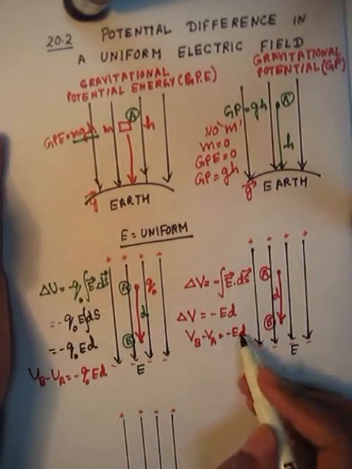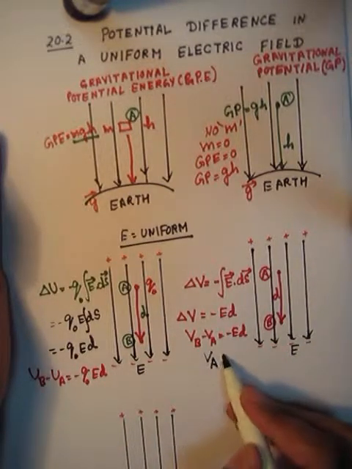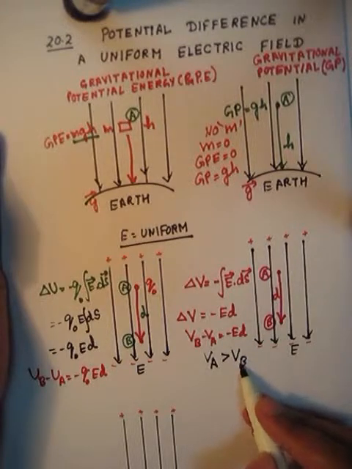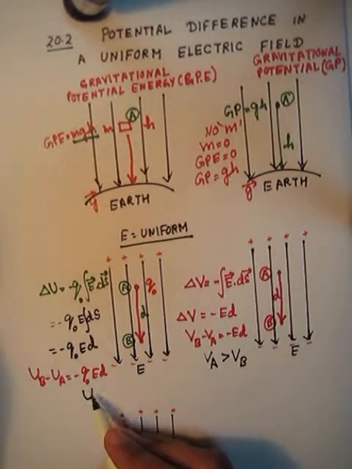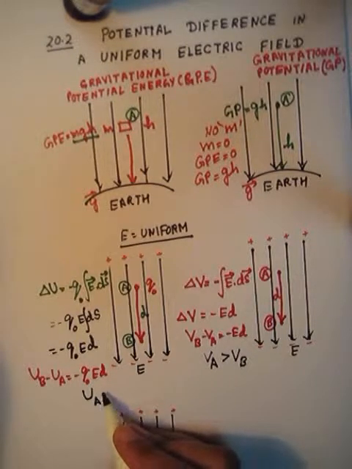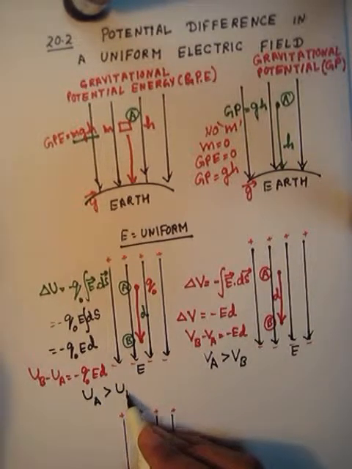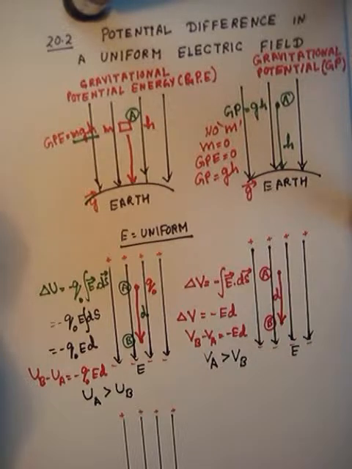We can say that the potential at A is greater than the potential at B, and in this case the potential energy at A is greater than the potential energy at B. So there is a potential difference in the electric field itself, even though no charge is moving, when you move from the positive side of the electric field to the negative side.